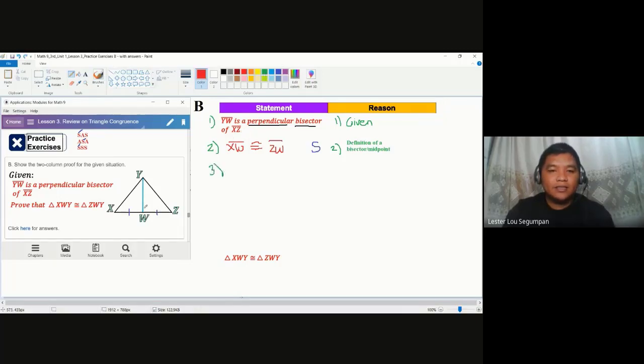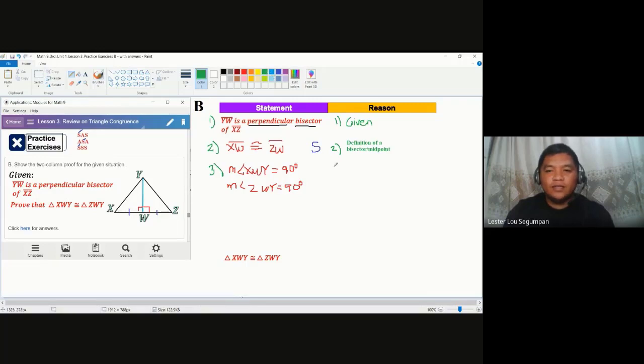The measure of angle XWY is equal to 90 degrees, and the measure of angle ZWY is also 90 degrees.